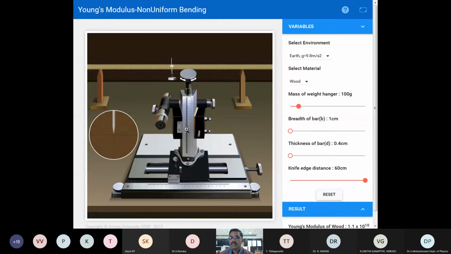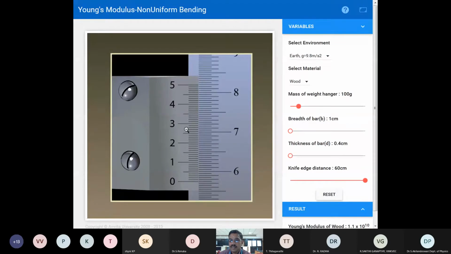So again, we can take the reading. The scale has changed, the reading has changed. Previously it was 5.35, now it becomes 5.7. So we can also check the coincidence. It is around 40, 41, 45.